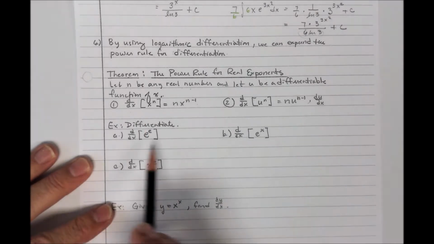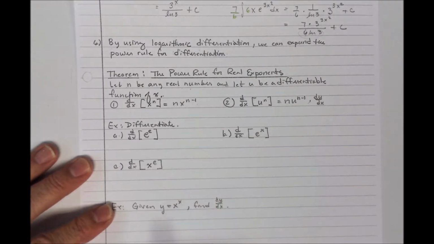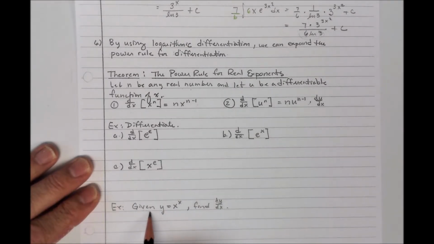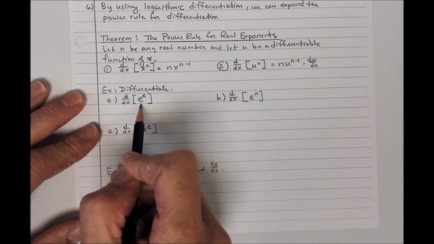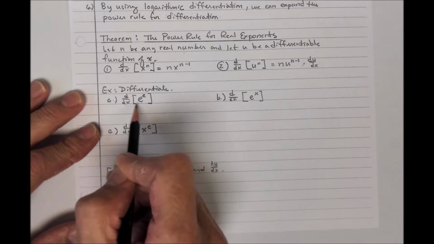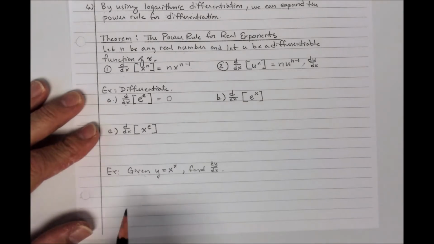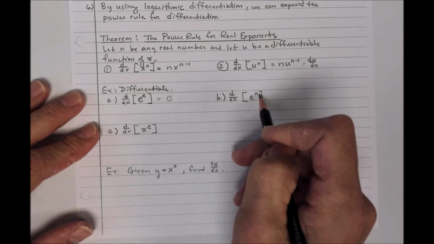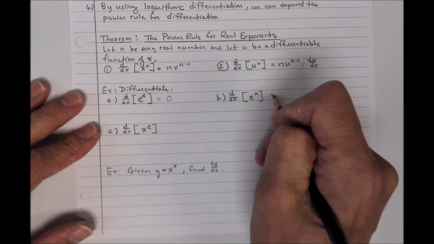Now I have 3 problems that are very similar looking. I just kind of rewrote a couple of things here, and this one kind of finishes it. But what is the derivative of e to the e? Well, there's no variable. E to the e is a constant. The derivative of e to the e is 0, because the derivative of a constant is 0. What's the derivative of e to the x? Well, we know that one. The derivative of e to the x is e to the x.